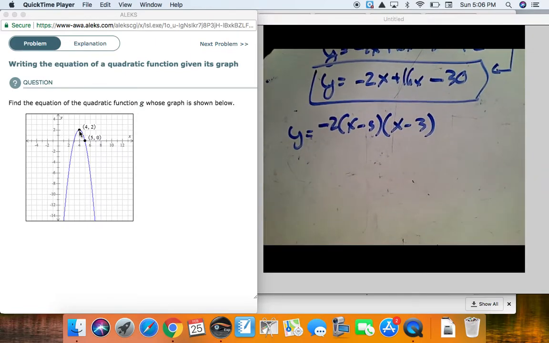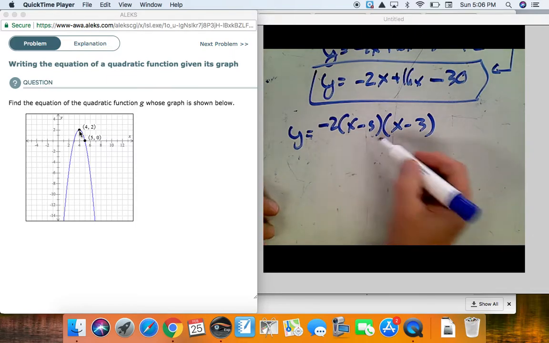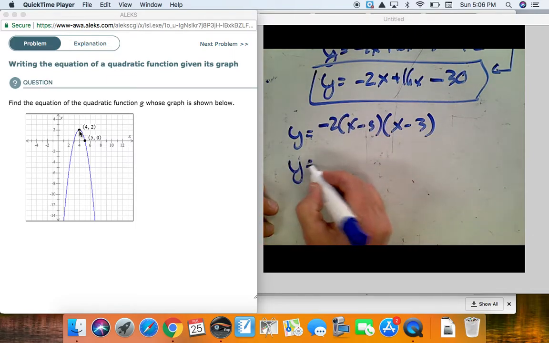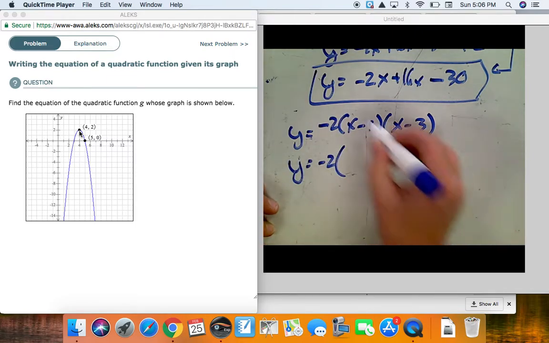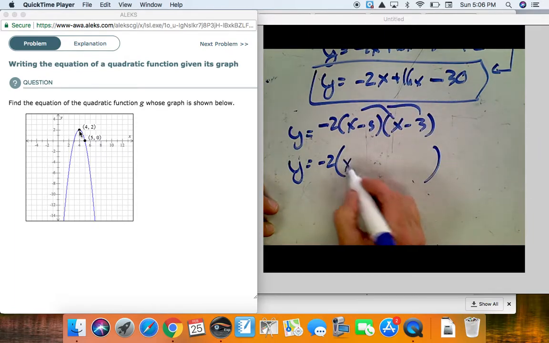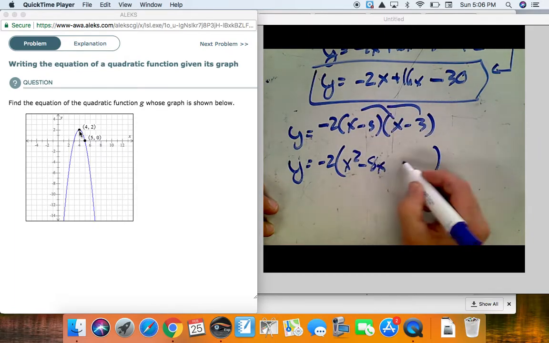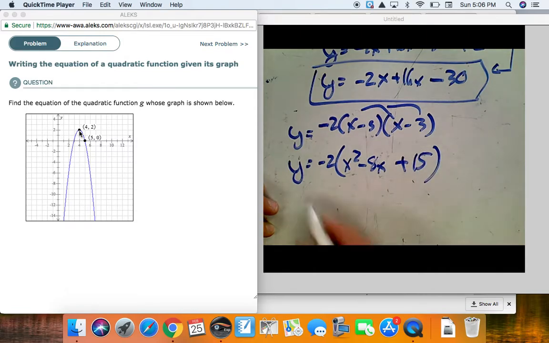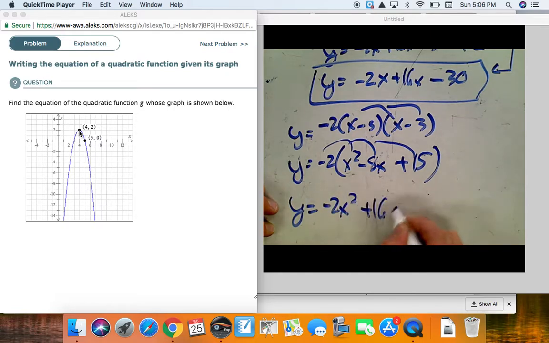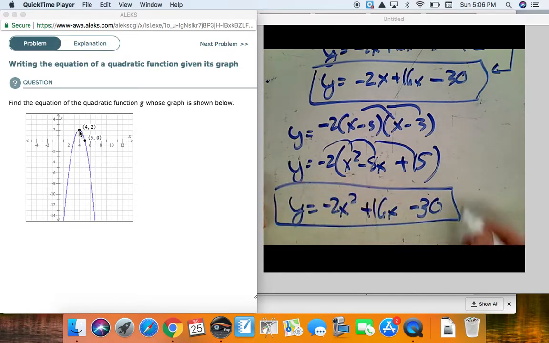Now let's convert that to standard form. Once again, I'm going to leave this distribution until last. I'm going to expand all this out, and I'm going to get x squared minus 8x plus 15. Then I distribute that in, and I'm going to get y equals negative 2x squared plus 16x minus 30. Whoa, will you look at that?